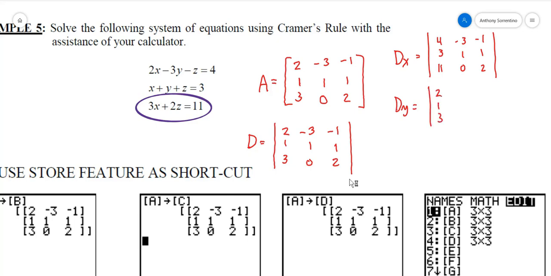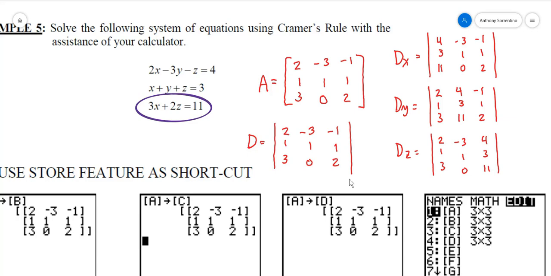It's going to be the middle column that's replaced by the 4, 3, 11. And of course, Dz is going to be the 2, 1, 3, the negative 3, 1, and 0 in this column. And of course, the last column gets replaced with the 4, 3, and 11. And I would find those determinants.